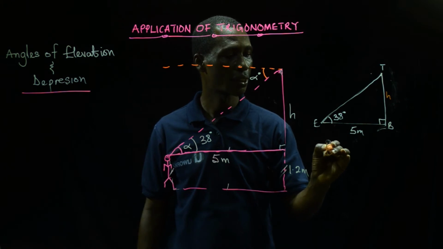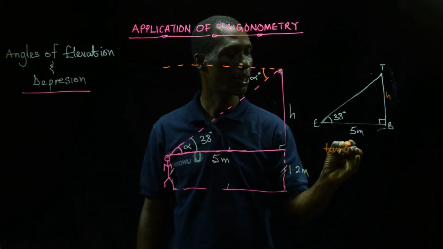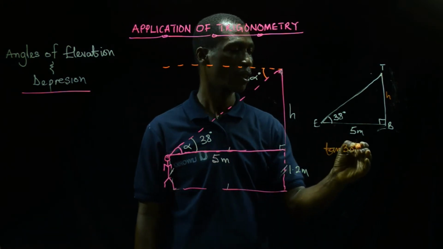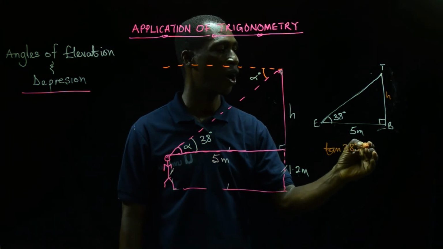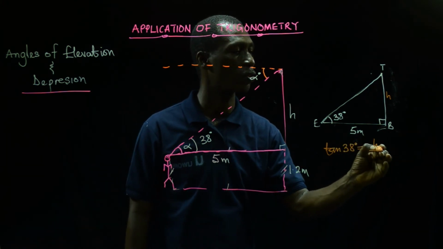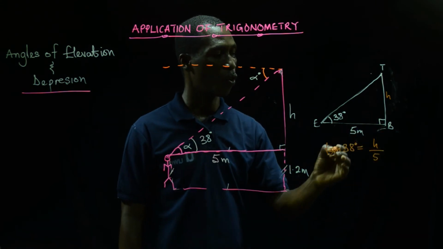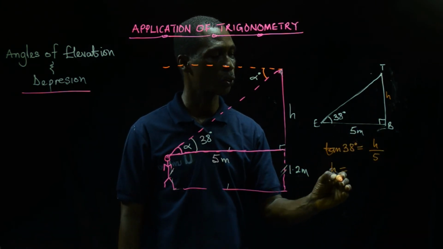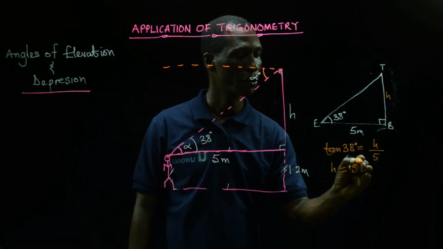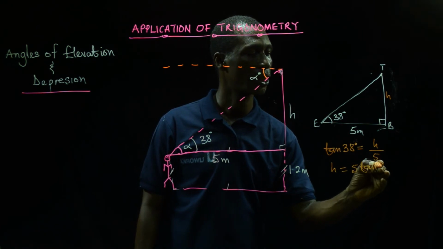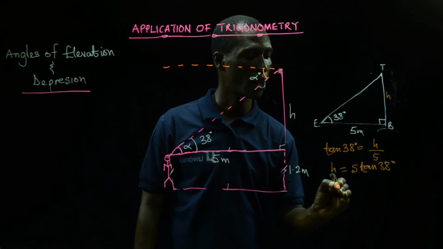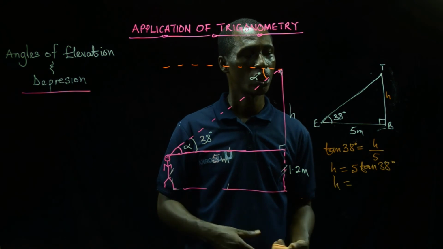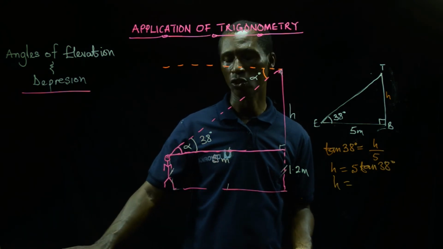So tan 38 degrees is equal to, what is my opposite? H on 5. So H equals 5 tan 38 degrees.